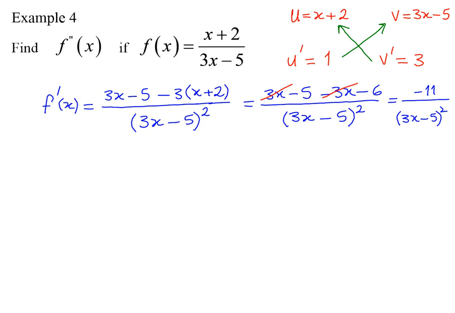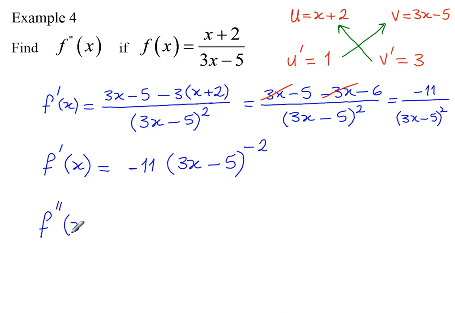Now we need to differentiate a second time. Now I have two options here. I could use the quotient rule again with the numerator and denominator, but actually it's easier to rewrite f dash of x as negative 11 times 3x minus 5 to the power of negative 2, and then differentiate using the function of a function rule.